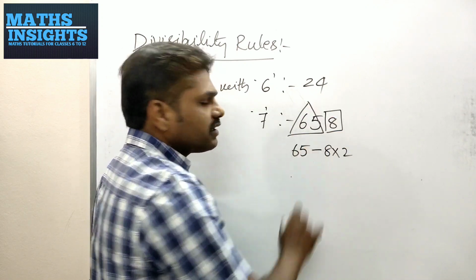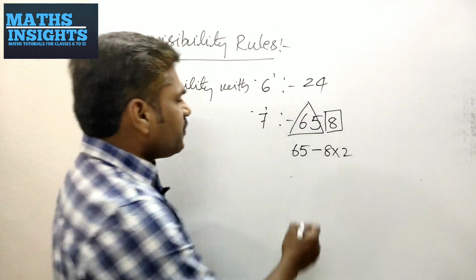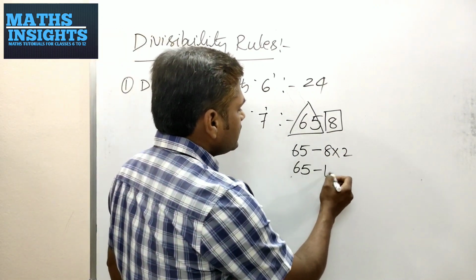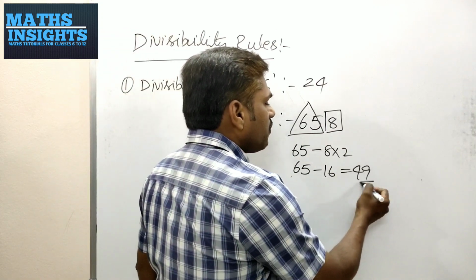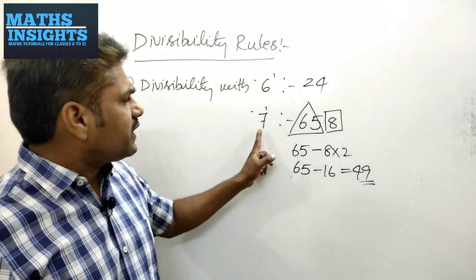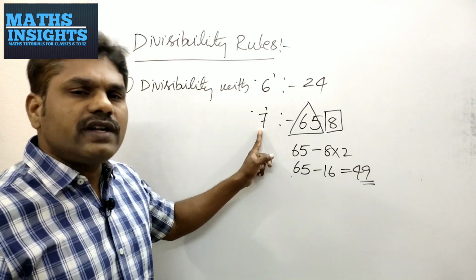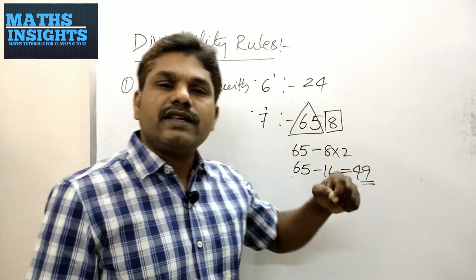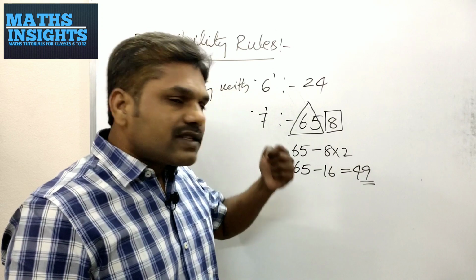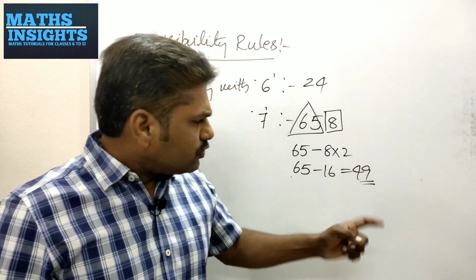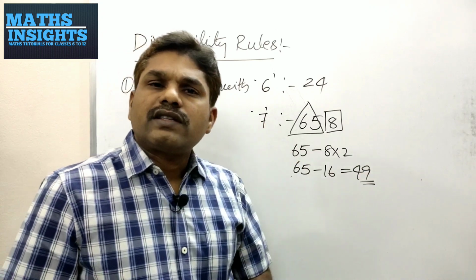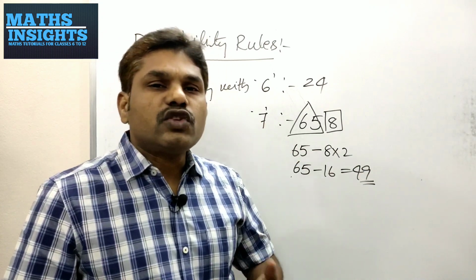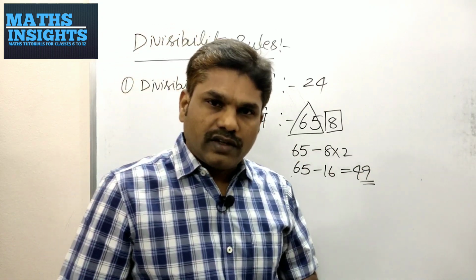So you have to find the difference of this. 65 minus 16, this will become 49. So 49 is exactly divisible by 7. You will decide 658 is also divisible by 7 exactly. And also if you get 0 here, that is divisible by 7. Why? Because 0 is also a multiple of 7.